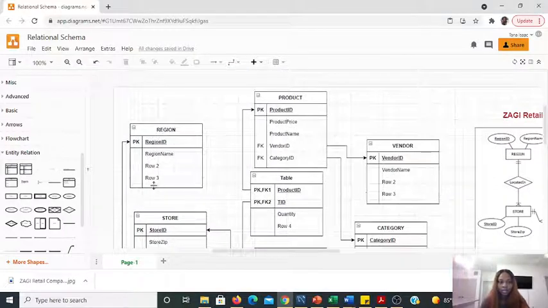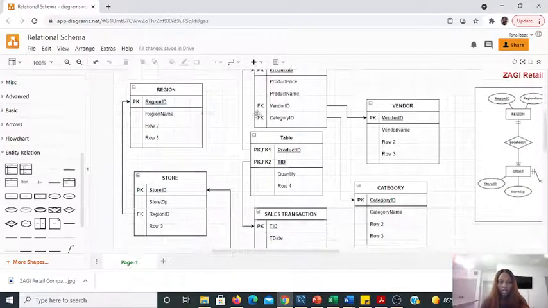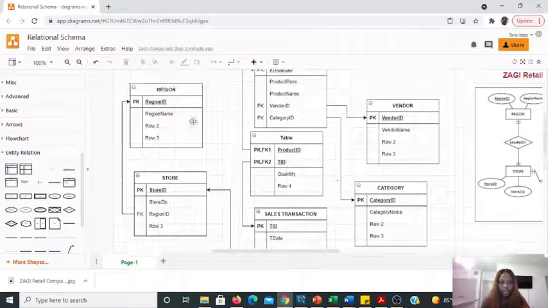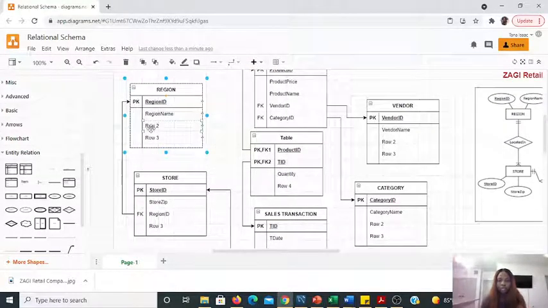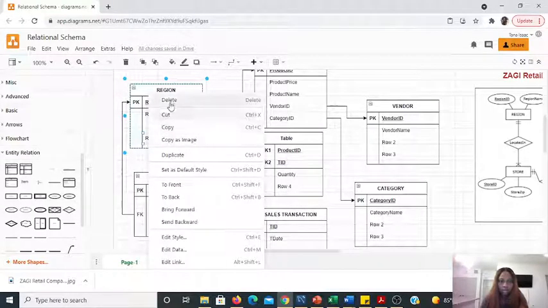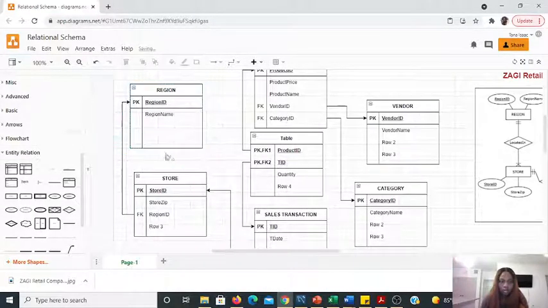It has the region, the attributes, and its relationships. So I'm going to go ahead and delete this row because we do not need it. Drag this up.